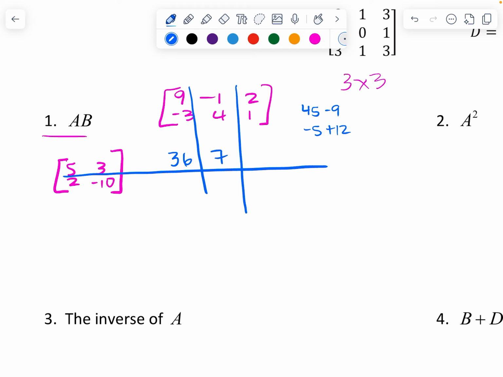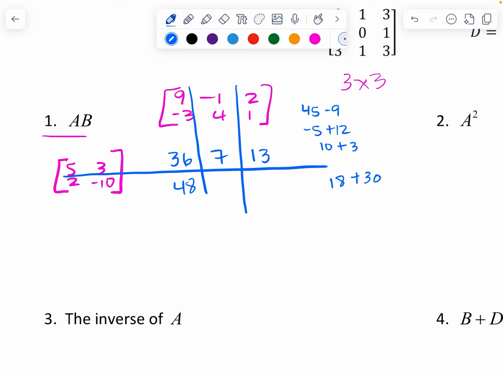And then I'm going to get 10 plus 3, which is 13. And then next, I'm going to get 2 times 9, which is 18, plus 30. Oh, that was weird looking 30. It's 30. That's going to get me 48.